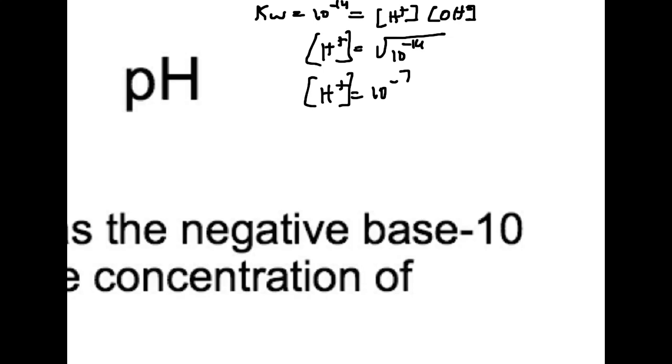What Soren Sorensen found out was that the hydrogen ion concentration in any solution ranges from 10 to the minus 1 to 10 to the minus 14 molar. These are small numbers.